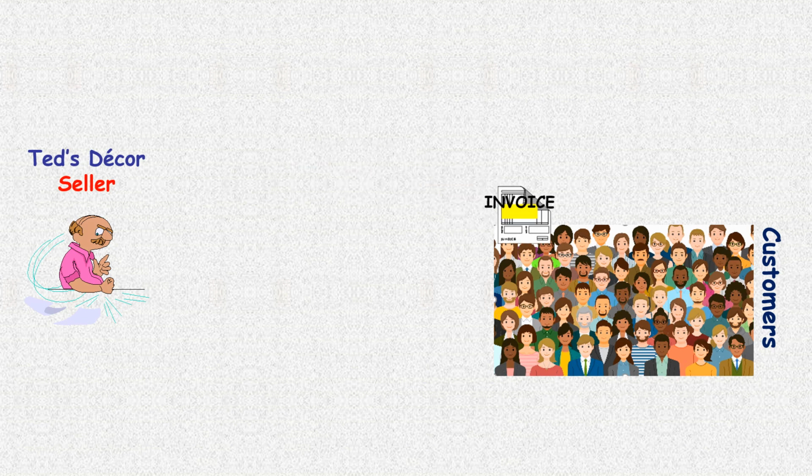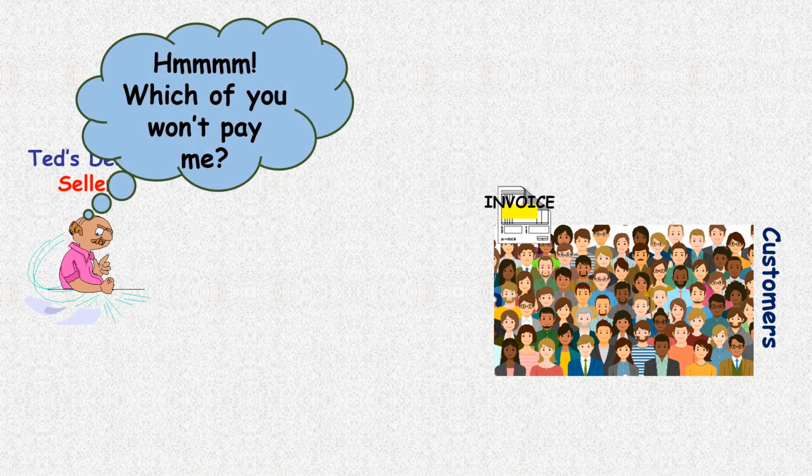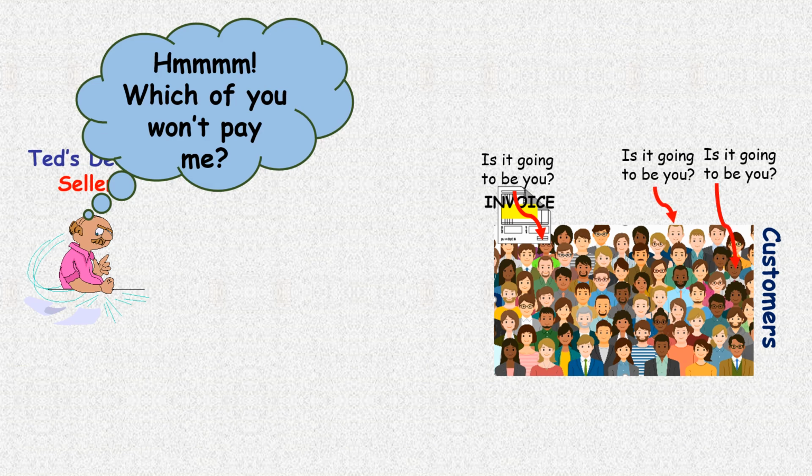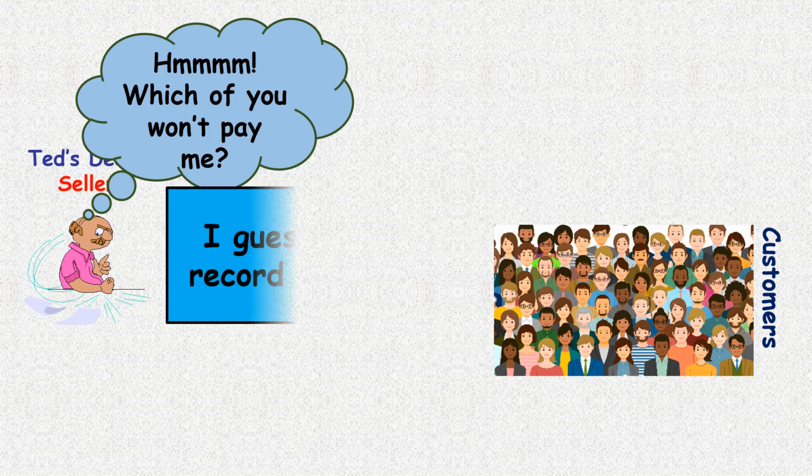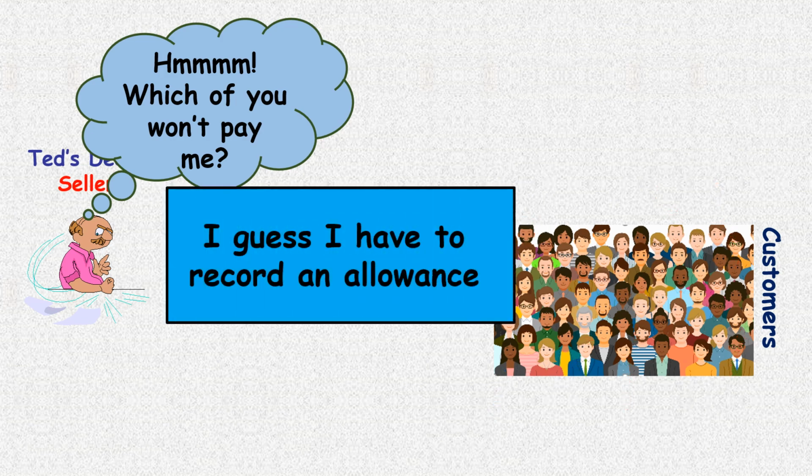Now, when Ted sells to these customers, Ted is trying to find out which of these customers will not pay. So we keep asking the question, who is not going to pay? Since he does not exactly know who will not pay, he is going to record an allowance. We just looked at how to do that.